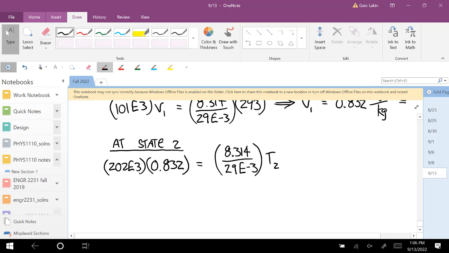And now you can just solve for the final temperature. And you get 586.22 Kelvin.